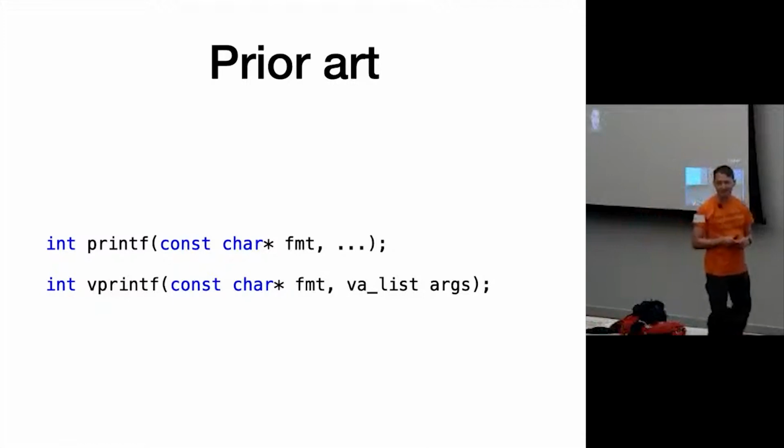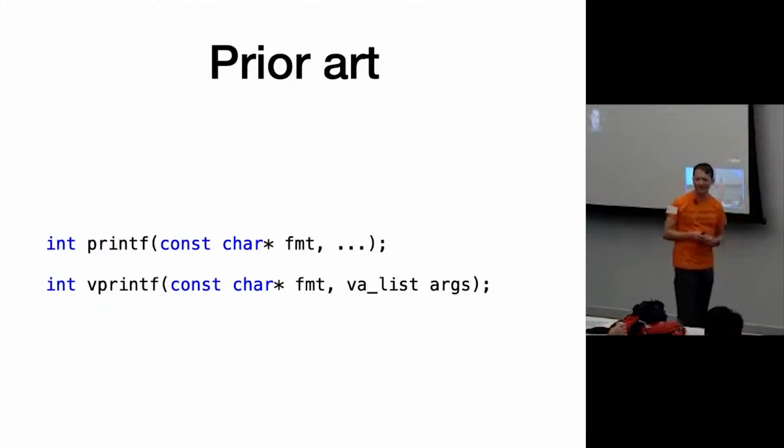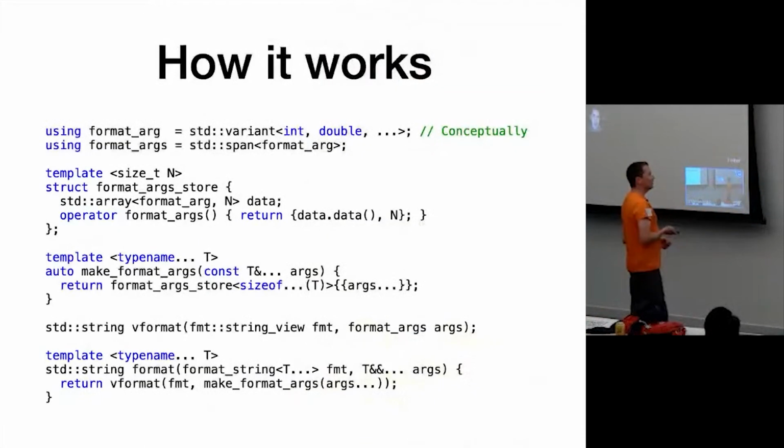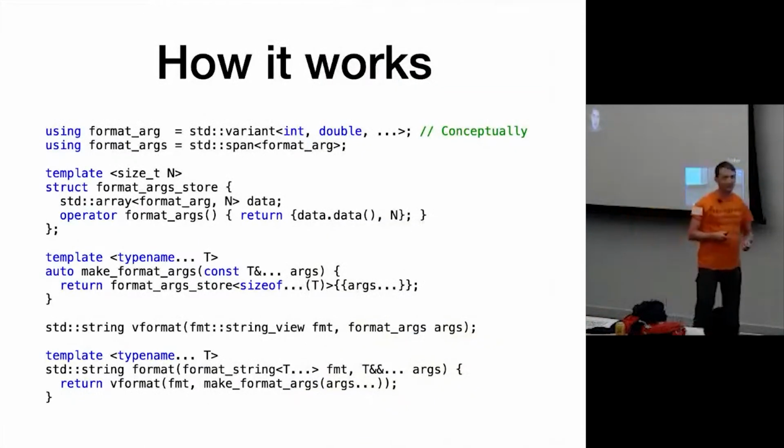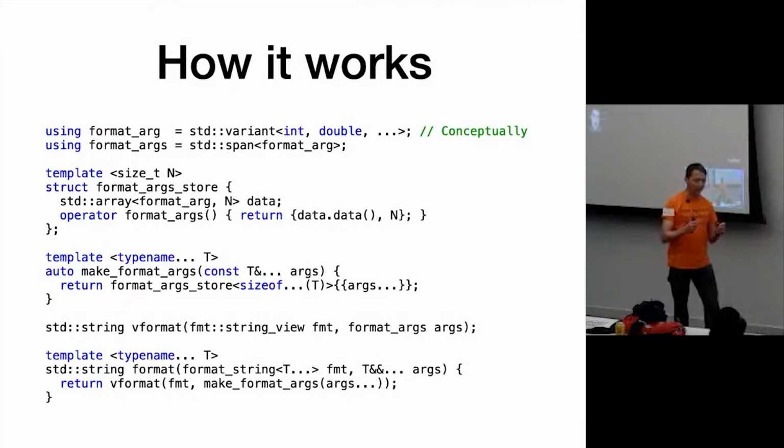Question? Yeah, how can user-defined types register? Is there some trick? For user-defined types, basically there's a handle, and we use lambdas. This handle creates a pointer to this lambda. The lambda is different for every user-defined type, and this lambda knows how to format the object.